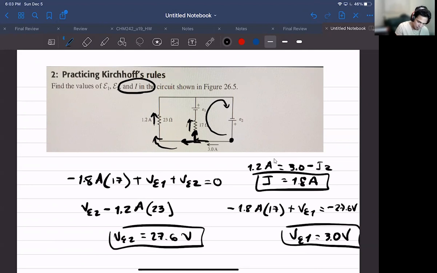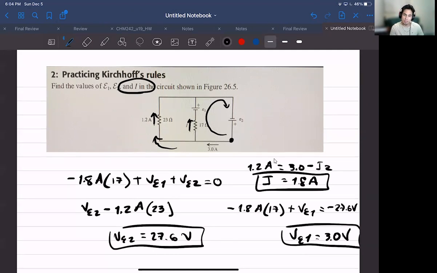So we can say that the current I is going to be equal to the initial minus the 1.2, so the current I is going to be 1.8 amperes.